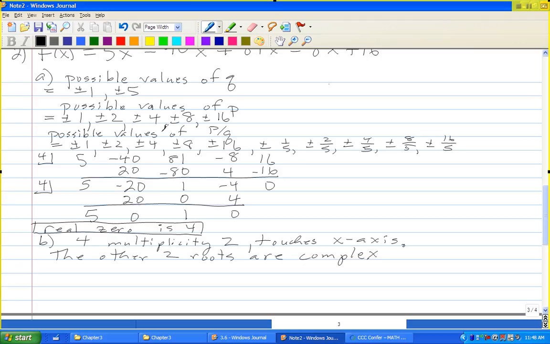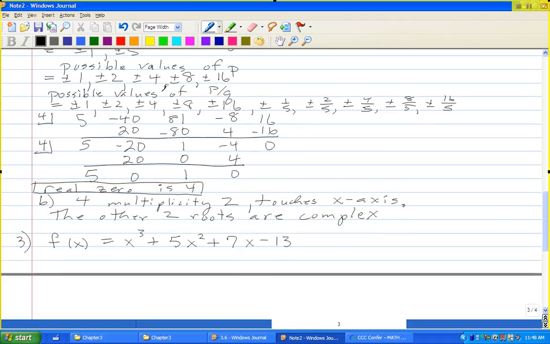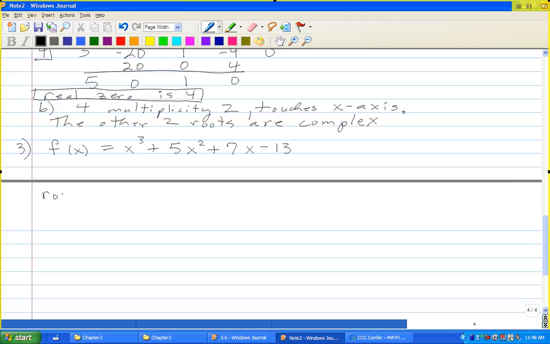Okay, 3. Use the given zero to find the remaining zeros of the function. So f of x equals x cubed plus 5x squared plus 7x minus 13. One of the zeros, one of the roots, is negative 3 plus 2i.